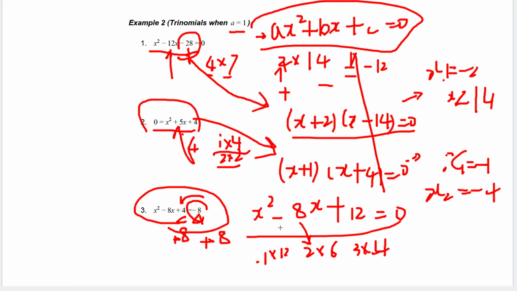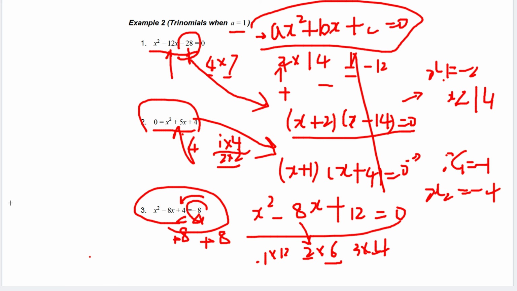But here we need negative 8, so both should be negative. Negative 1 and negative 12 cannot give negative 8, and negative 3 and negative 4 cannot either. Only negative 2 and negative 6 give negative 8, right?